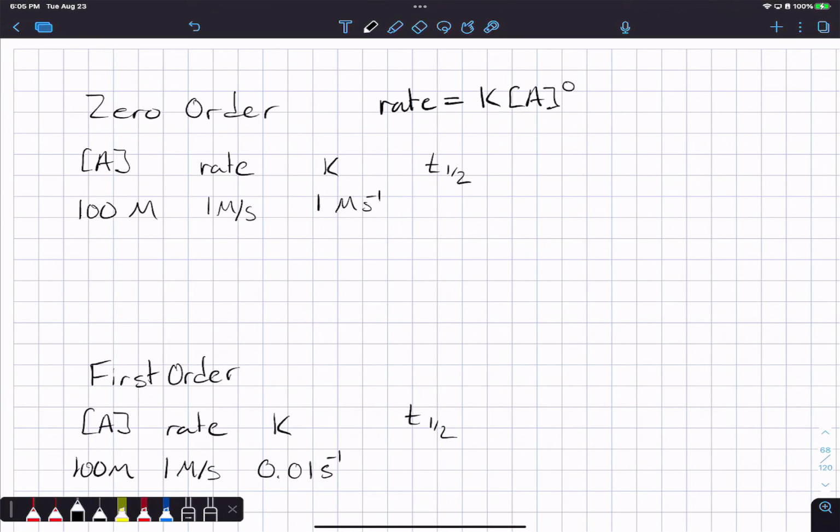How does concentration affect a zero-order reaction rate? It doesn't, right? So if we go through one half-life here, actually let's calculate, or we don't have to calculate it really. So if we have a concentration of 100 molar, which is insane, but if we have a concentration of 100 molar and we're decreasing at a rate of 1 molar per second, what's the half-life going to be?